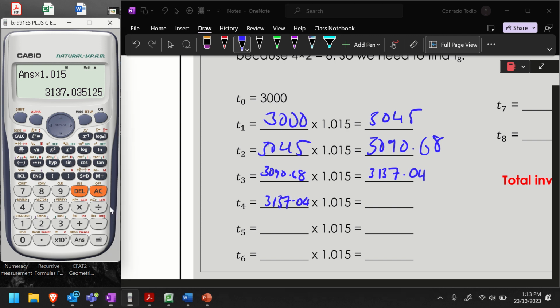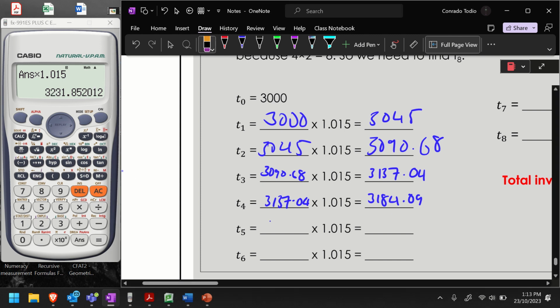Again, 3184 point, and notice where I'm rounding as well. Here you can just round it, but when you actually do the final answer, that's what I'm really looking for. So 3184.09.